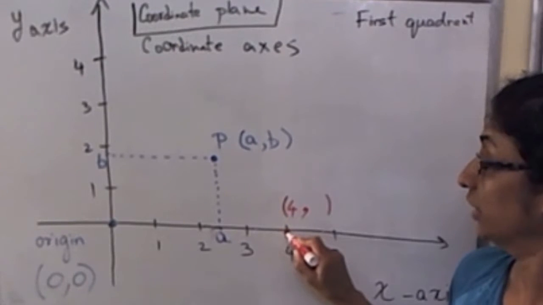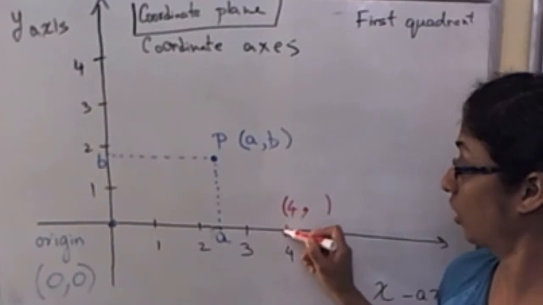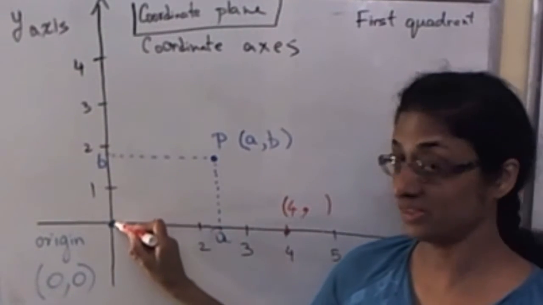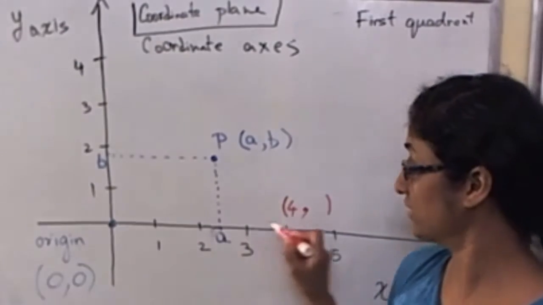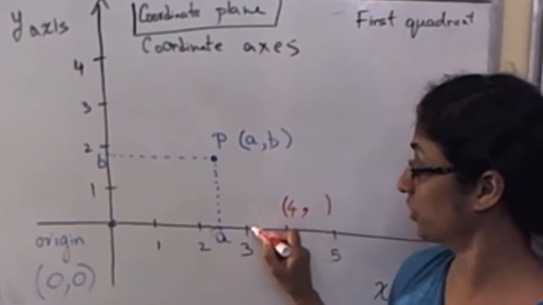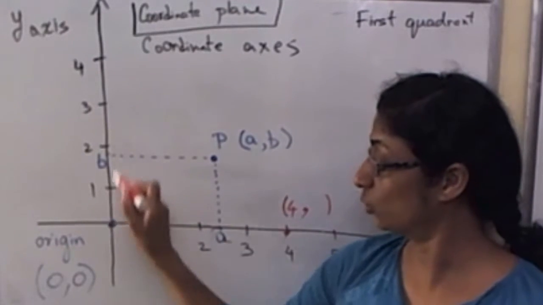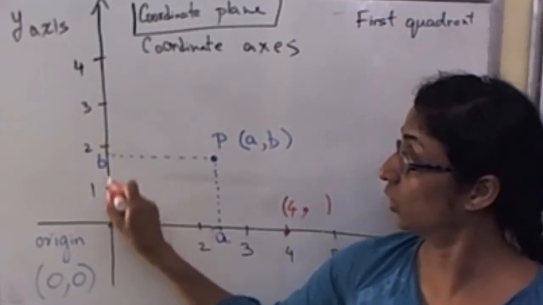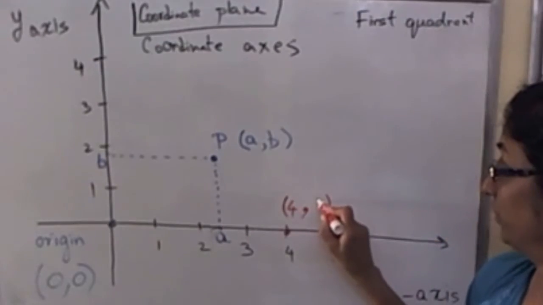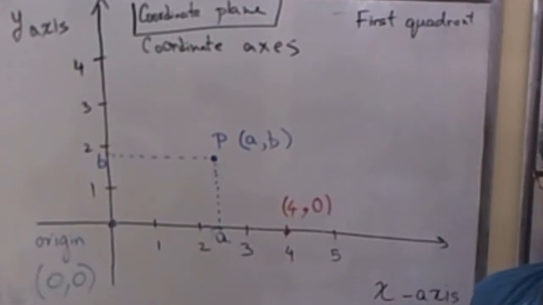And now, from that point, draw a horizontal line. That would be this. I won't draw it. And allow that line to meet the y-axis. As you can see, if I draw a horizontal line, it would meet the y-axis at this point, and that is the 0 of this number line. So that point is (4, 0).